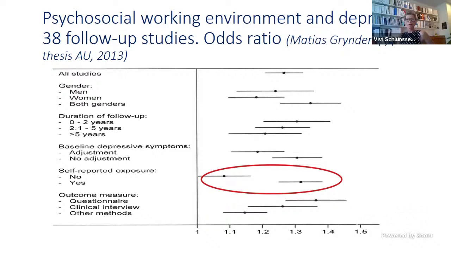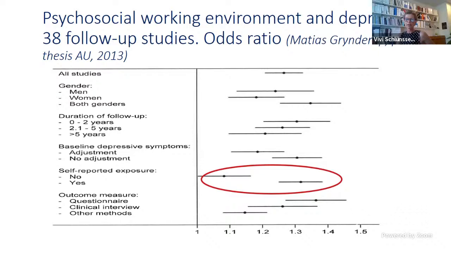He made a meta-analysis of 38 follow-up studies looking at the psychosocial working environment and new onset depression. He could see that the results really systematically differ depending on whether they used self-reported exposure or not.